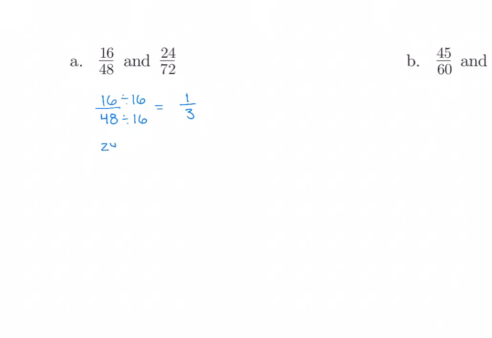And 24 over 72. These two numbers are both divisible by 24. And if we divide top and bottom by 24, we get 1/3. So are they equivalent? Yes, they are.